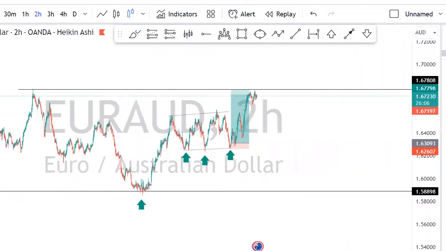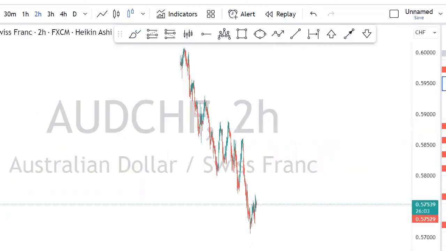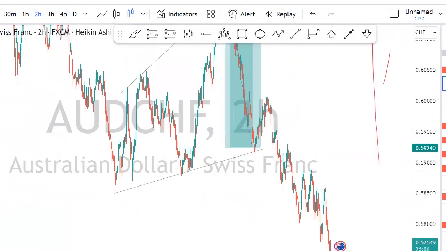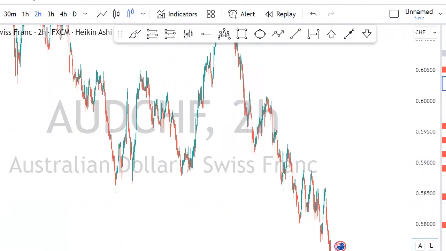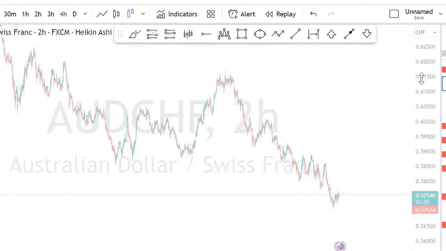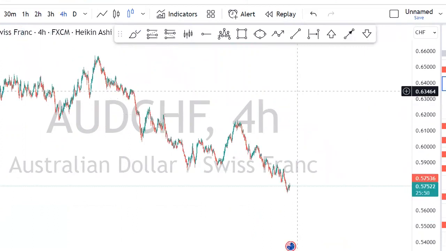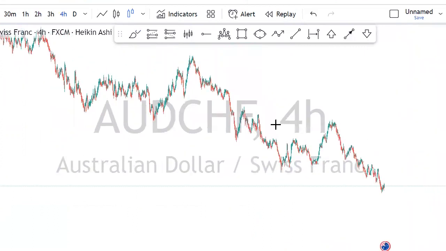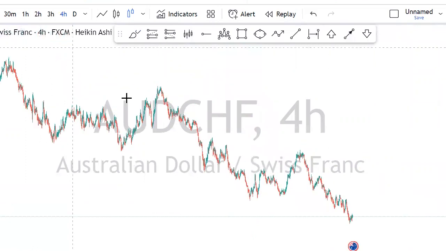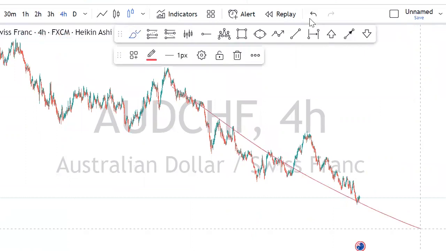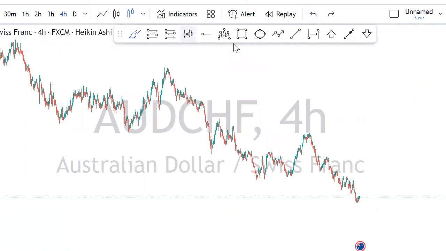So I'm just gonna move on to the next setup. With this setup, it's basically almost the same concept, but this one was a bearish setup. So I'm gonna start from the 4-hourly time frame. As you can see, the price has just been going down, and when I analyzed this trade, the price was still within these areas right here.